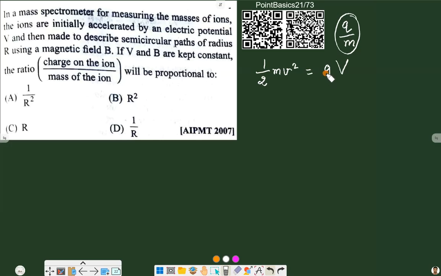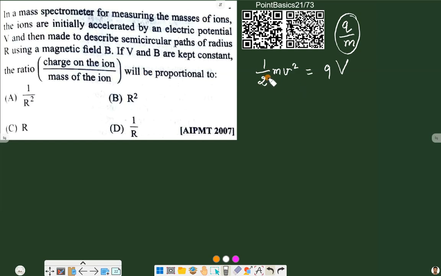So here we don't have different types of charges, I think, or ions. So we assume that all of these have the same mass. And we have to find out charge by mass.